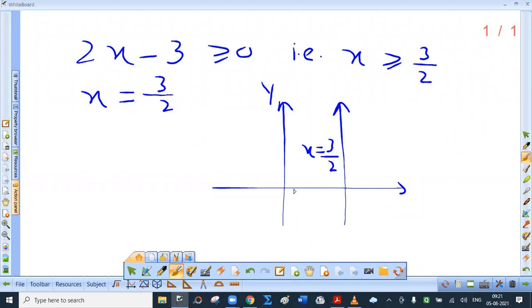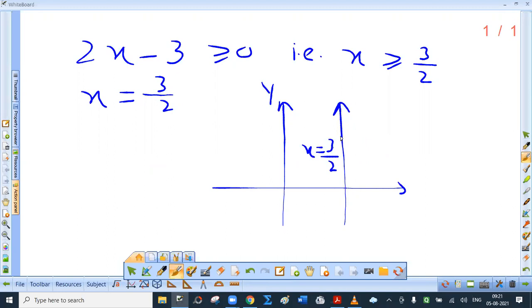I'm sorry, it is not 2x minus 3y. It is 2x minus 3 greater than or equal to 0. I think initially I said let us consider lines through origin. I'm sorry, the line is not passing through origin. The line is parallel to the y-axis. Now, this line divides the plane into 3 parts. For all points on the line, x is exactly 3 by 2. If a point does not lie on the line, then x is not 3 by 2.